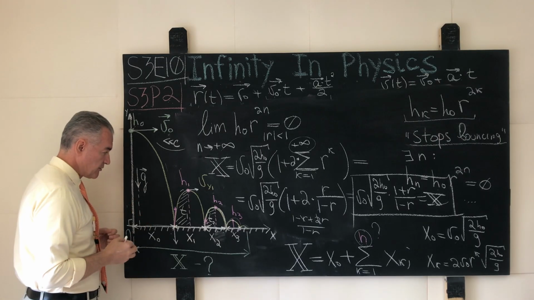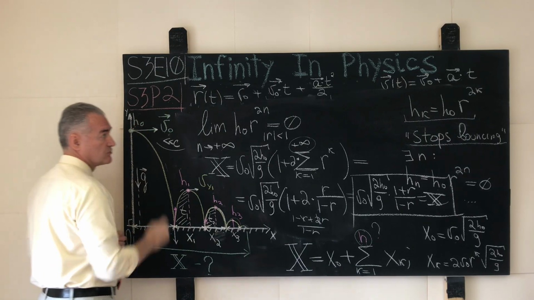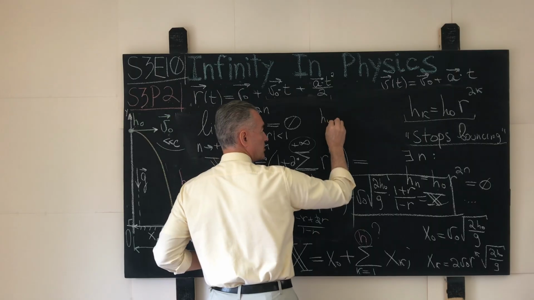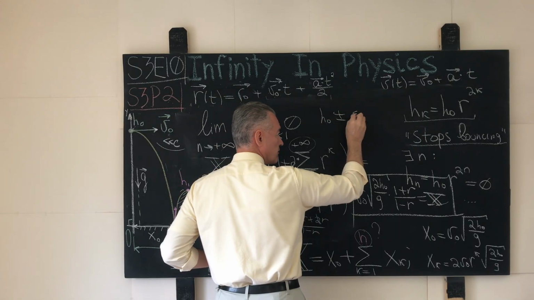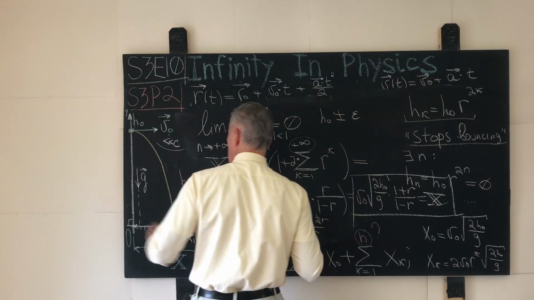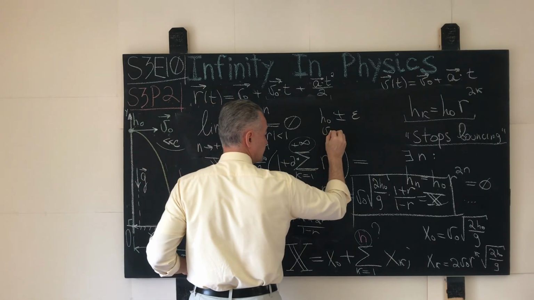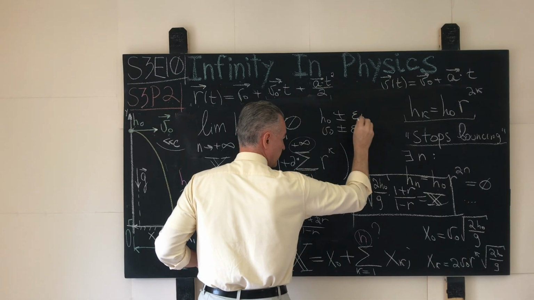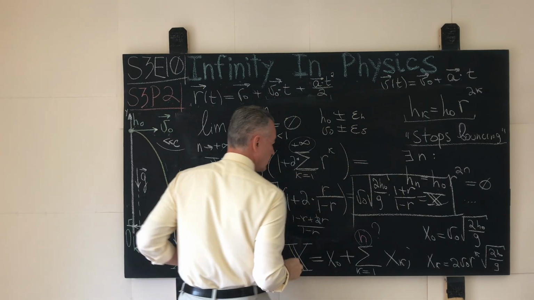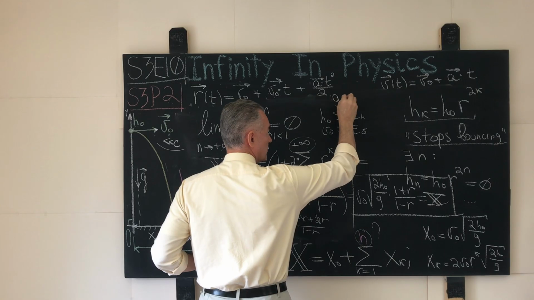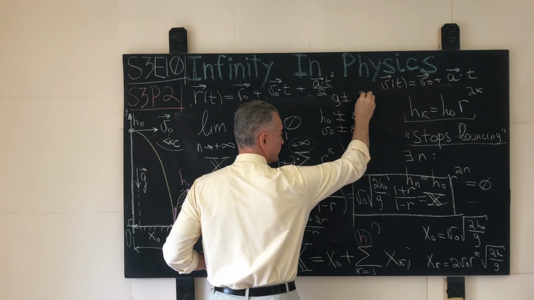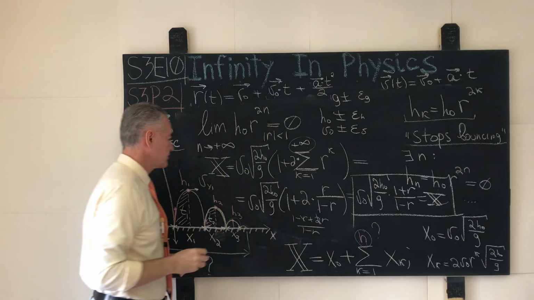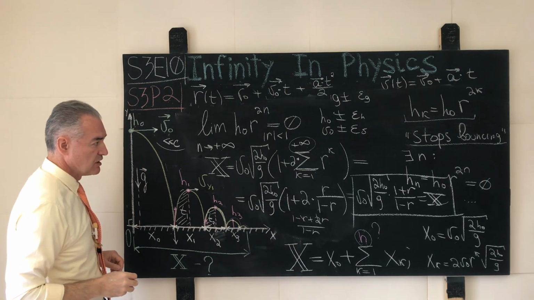With an experimental number, you will always have some number, plus minus some epsilon, some error. You will also have for v0, for the horizontal velocity, another error. You will have some error plus minus for the gravitational constant, the so-called acceleration due to gravity.